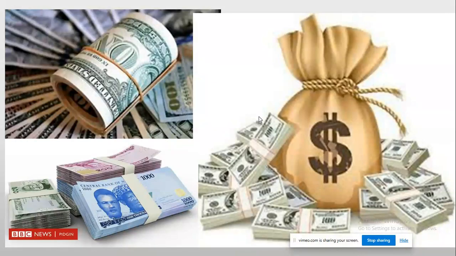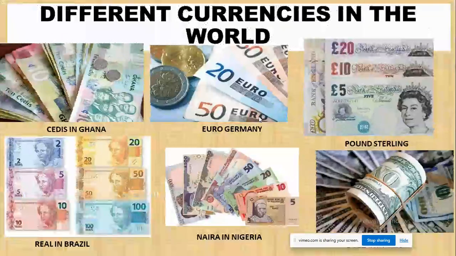Okay. Now, these are different examples of money used in different countries. Let's look at different currencies in the world. As you can see on your screen, this is cedis used in Ghana. This is euro used in Germany.